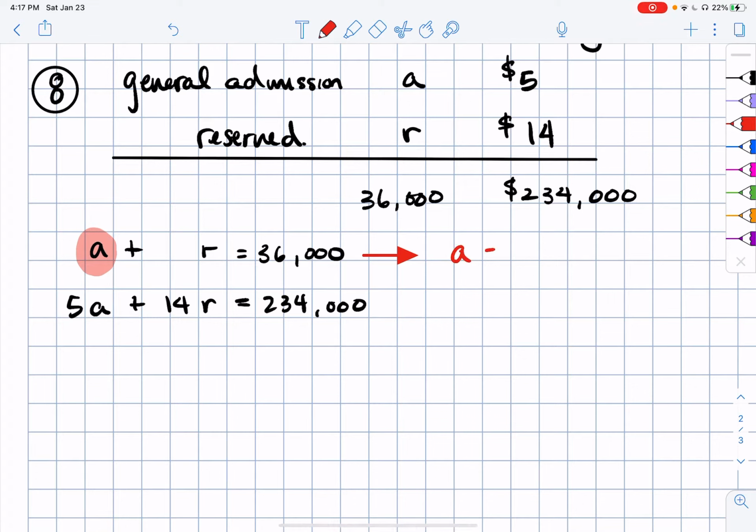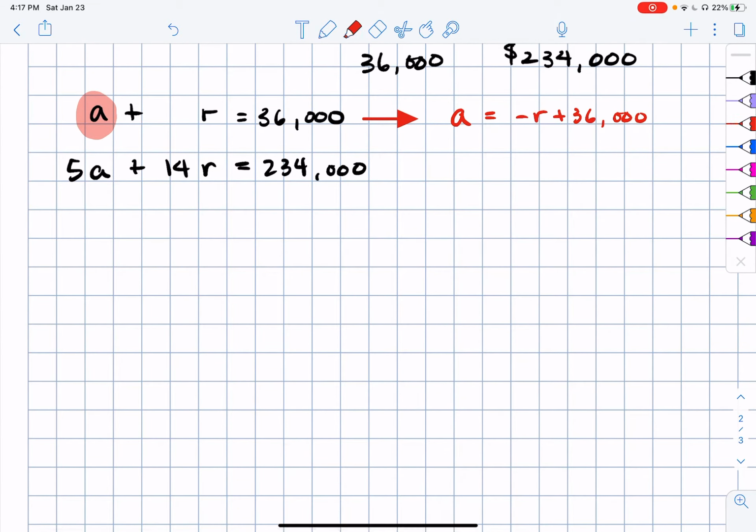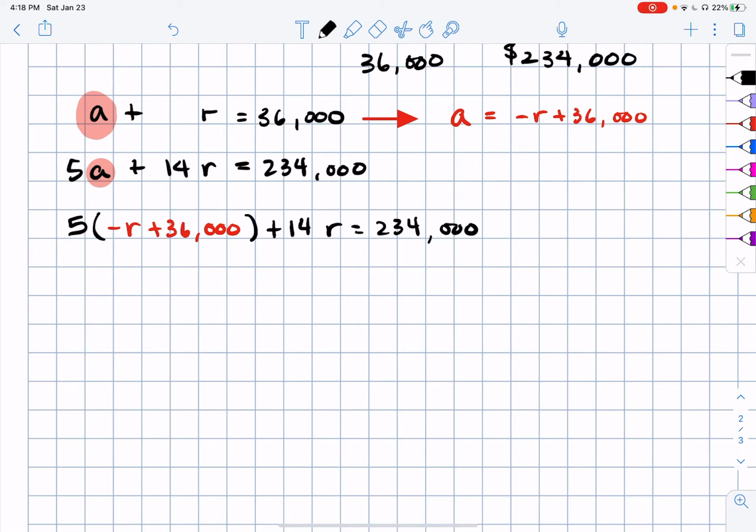So A is equal to negative R plus 36,000. I have A right here, so I'm going to replace that A. So I have 5 times negative R plus 36,000 plus 14R equals 234,000.